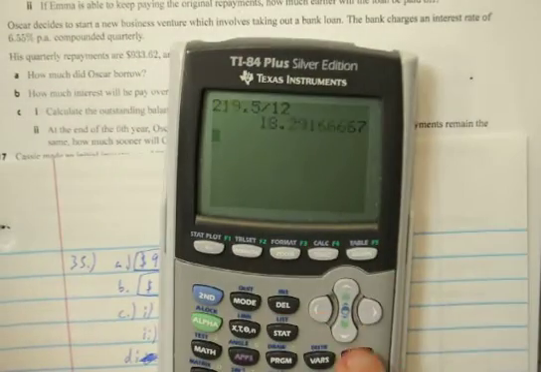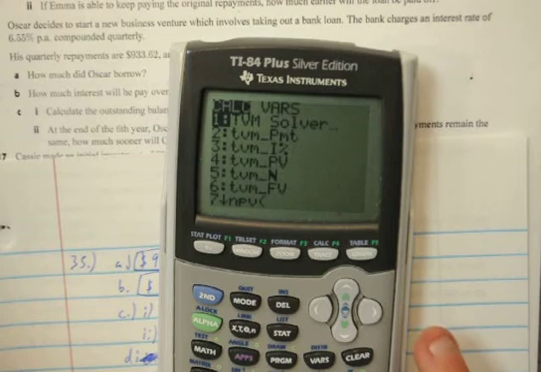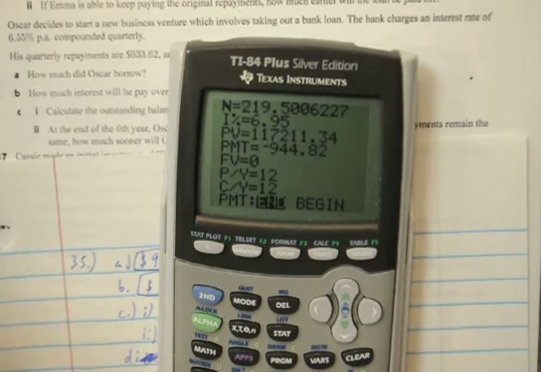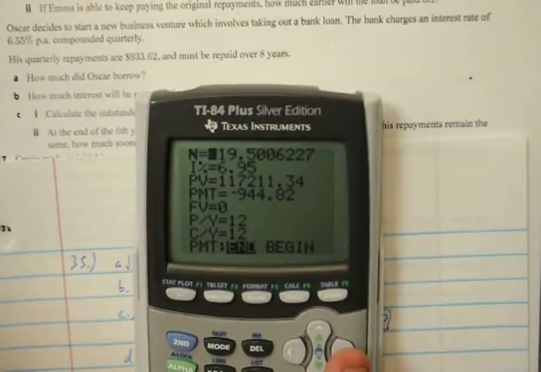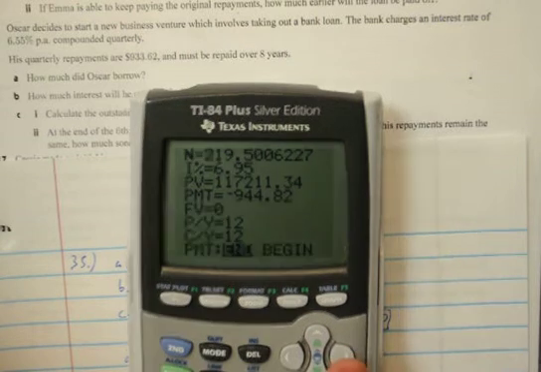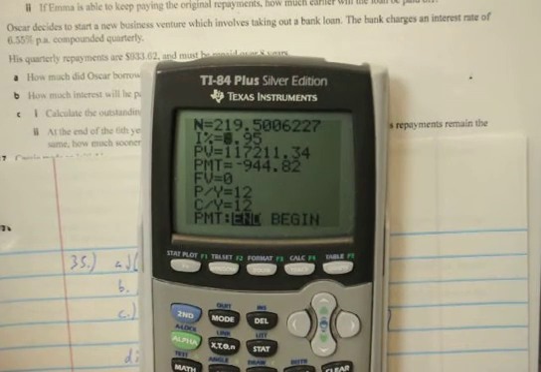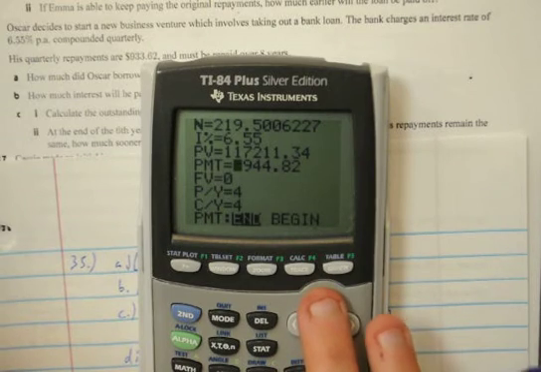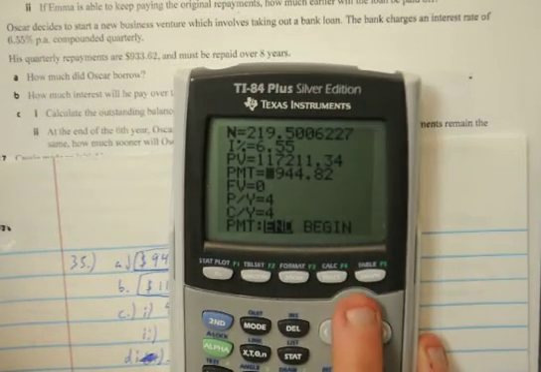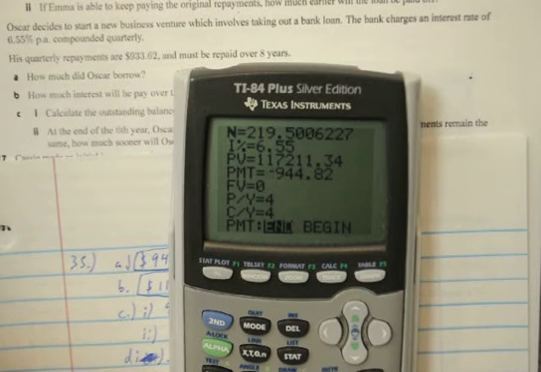All right. Go to the finance app. The bank charges an interest rate of 6.55%, compounded quarterly. So it's going to change those to 4s. The quarterly repayments are negative $933.62.